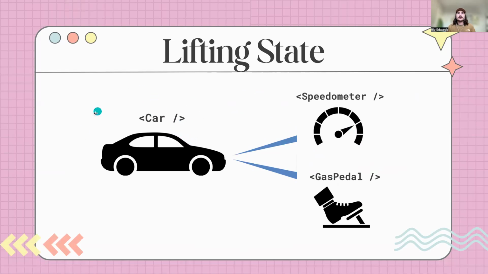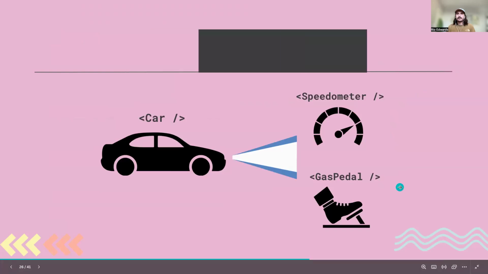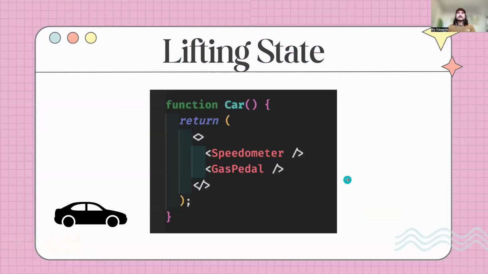Here we could imagine we have a car component. As part of that car component, we have a speedometer component and a gas pedal component. This is what our car component looks like. It is called Car, and it returns a simplified version of a car. It only has a speedometer and a gas pedal, but that's fine for this example.